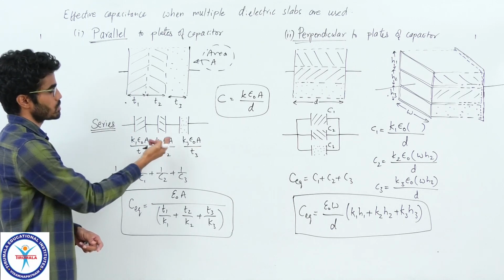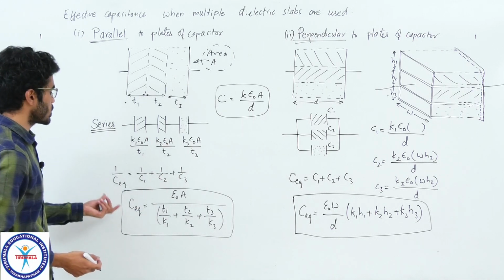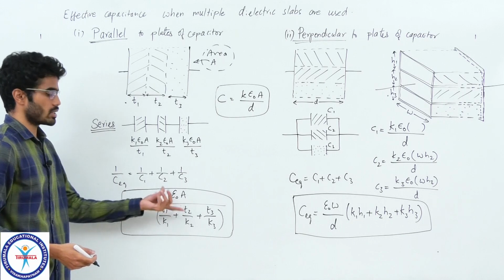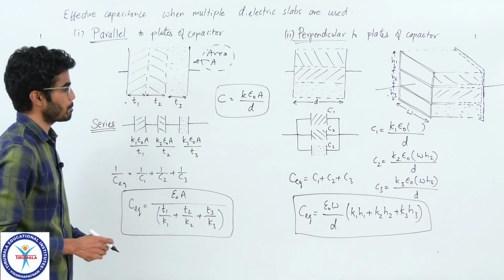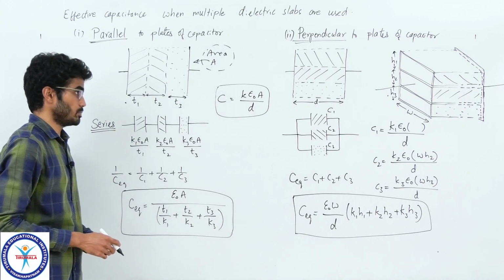Similarly here it is K2 epsilon naught A by T2, and similarly the third one. So use the equation and we get C equivalent as this. This result is very important, you may keep a note of it.